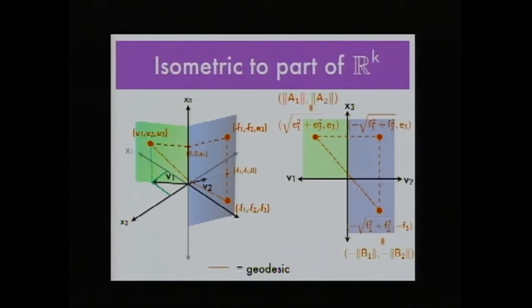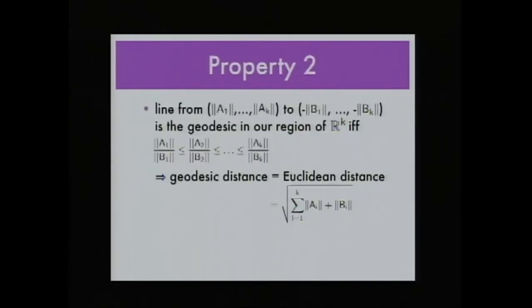And it turns out that the condition required for that straight line to go through the allowed region is that the norm of the edges dropped in the first step over the edges added in the second step is less than or equal to the norm of the edges dropped in the second step over the norm of the edges dropped in the first step, etc. If this is true, then when we map it into that lower dimensional Euclidean space, we can put a straight line between the 2 points and it goes through the allowed region, and then we can map it back to our orthons in tree space to get the shortest path through them.